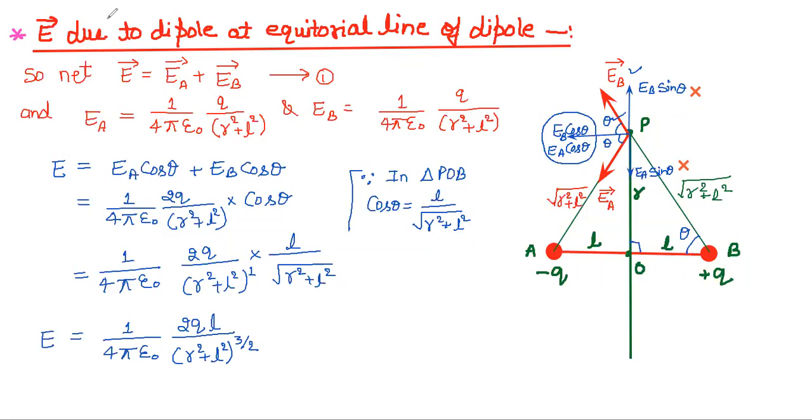So this will be the magnitude of the electric field. And this is 1 upon 4 pi epsilon naught, and 2QL can be written as the dipole moment P. So this is another form of the electric field.